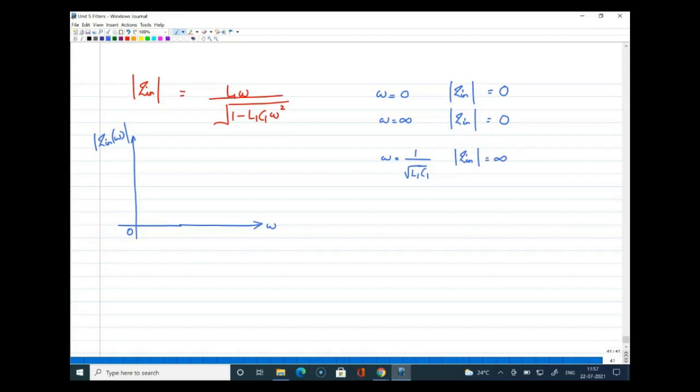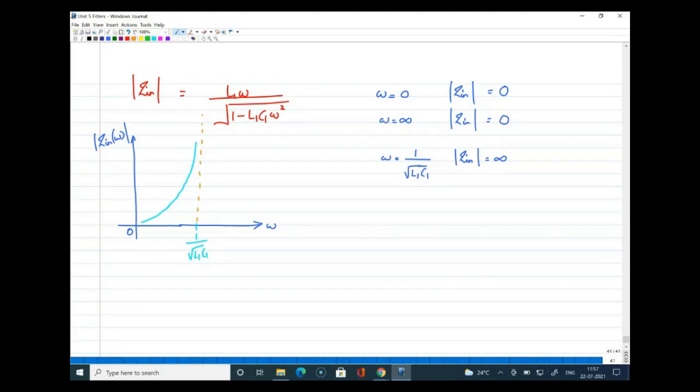If I translate this into this graph where you plotted the magnitude of input impedance of the transfer function with respect to frequency, I can say that it will start at 0, and then it will keep on increasing, and at exactly 1 by root L1 C1, at this specific frequency, the input impedance will be infinity.